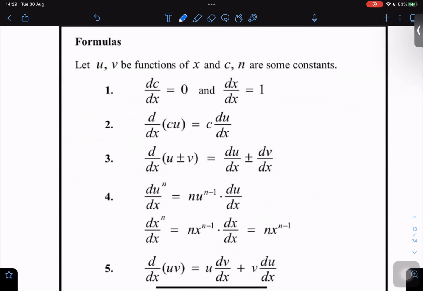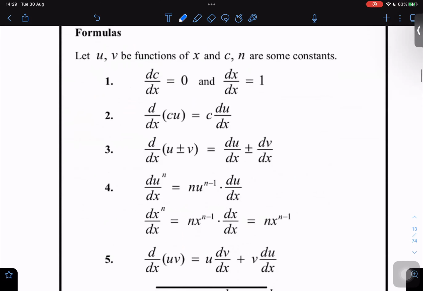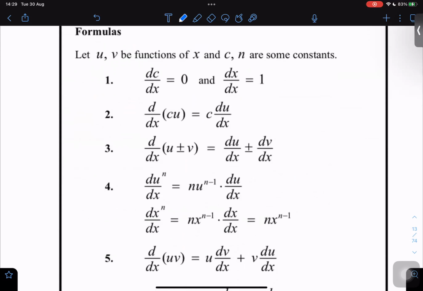Okay, I'm not sure that you will get the formula sheet for the derivative or not. Did your instructor tell you whether he is going to provide you the formula sheet, or the exam will be open book?